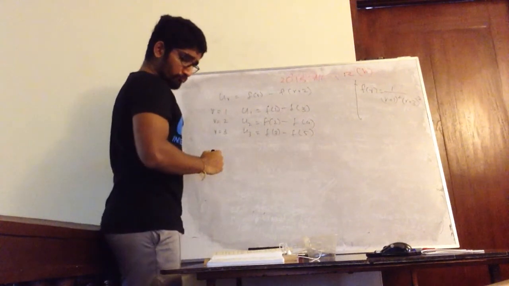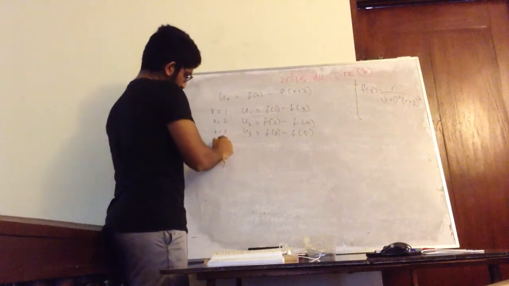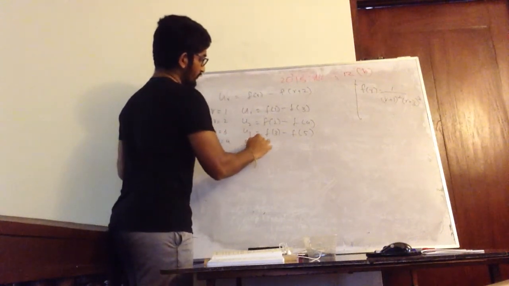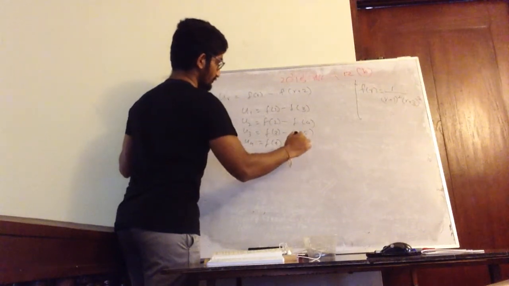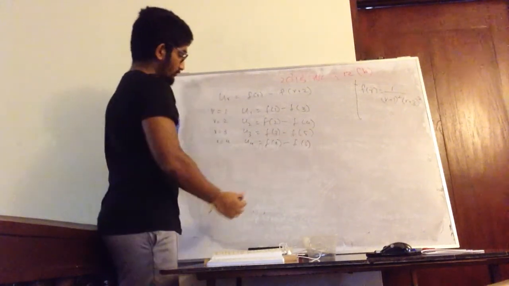Right? Then if I expand further, u_4 is going to be f_4 minus f_6.